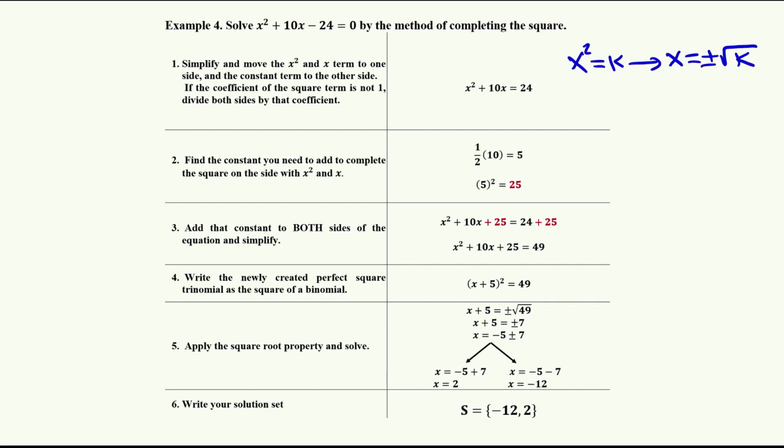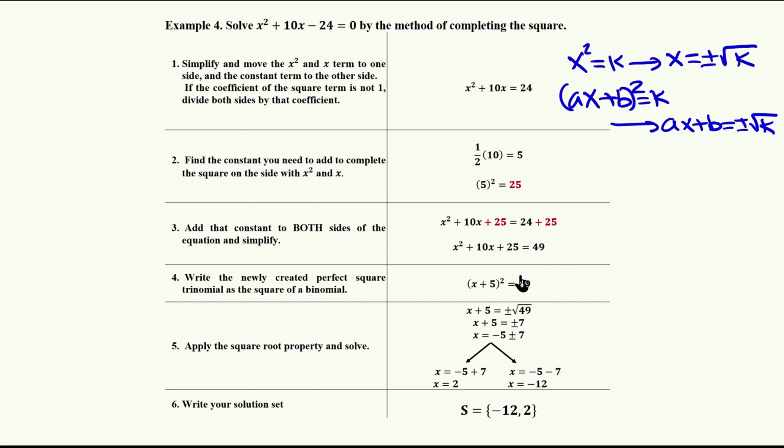We also had the more general version, which said if you have, instead of x squared, ax plus b squared equals k, then you can make the same conclusion, but this time you'll have to say ax plus b equals plus or minus square root of k.